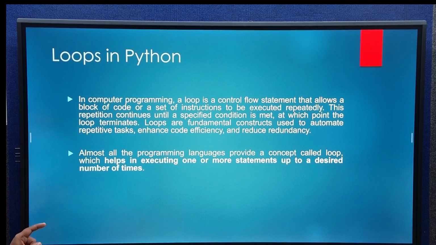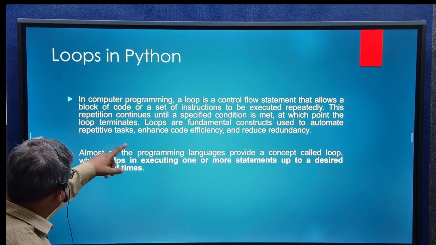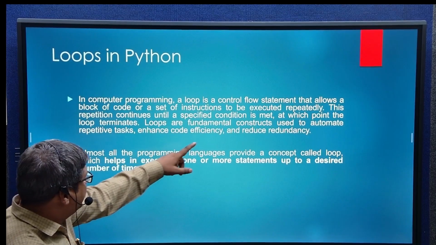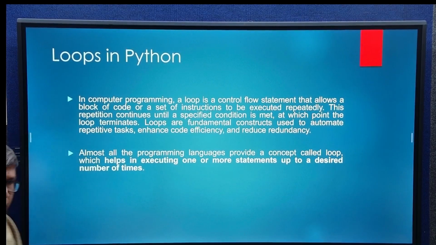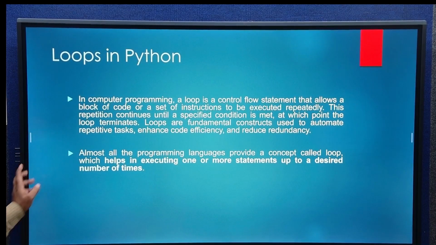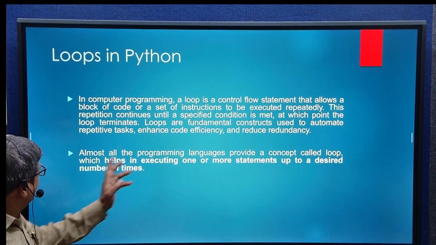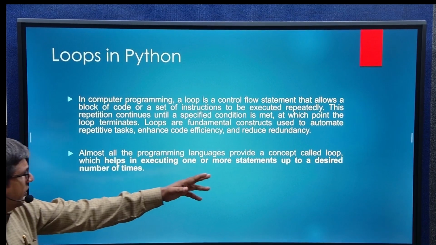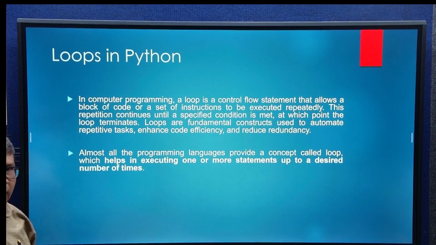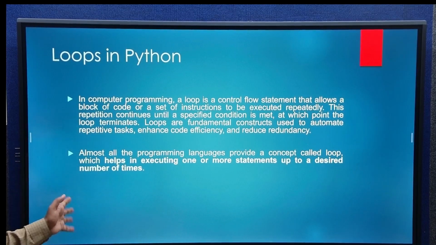Loops are the fundamental construct used to automate repetitive tasks, enhance code efficiency, and reduce redundancy. Almost all programming languages provide this concept of loop, which helps in executing one or more statements up to a desired number of times. So this was the basic definition of loops.